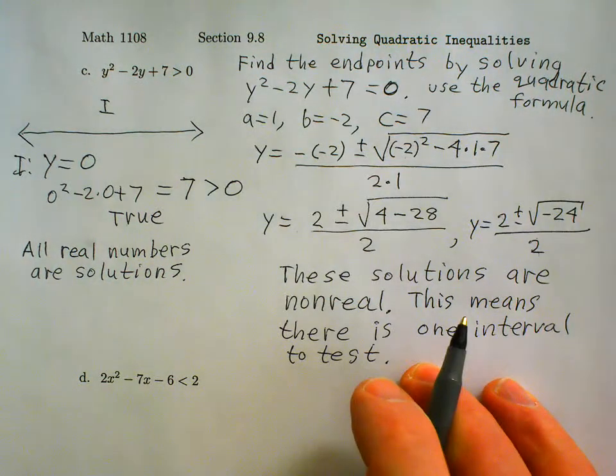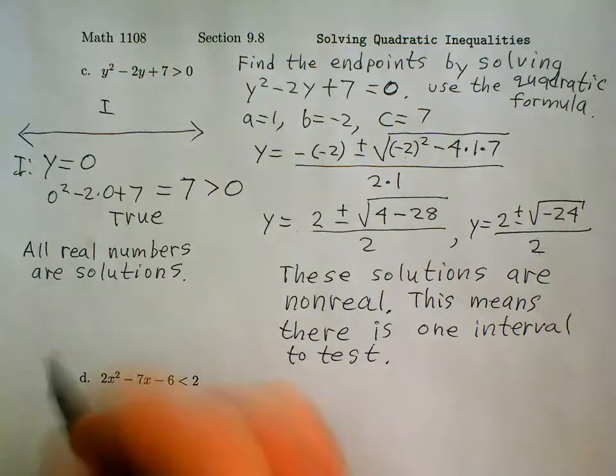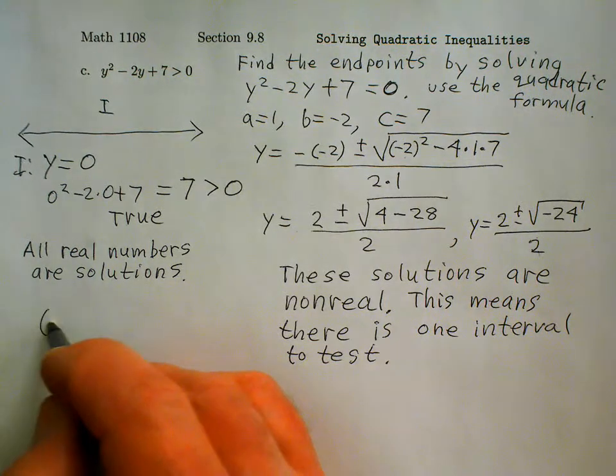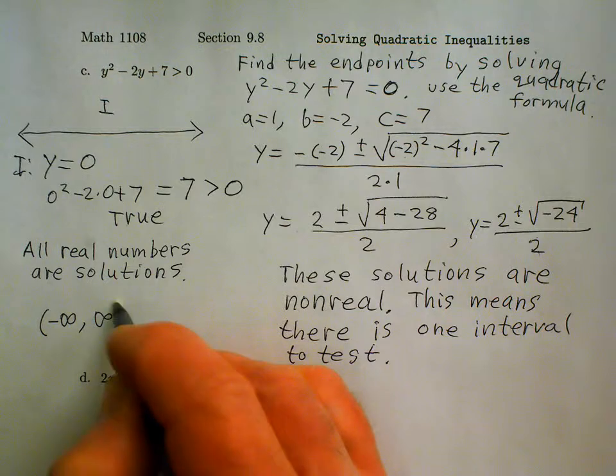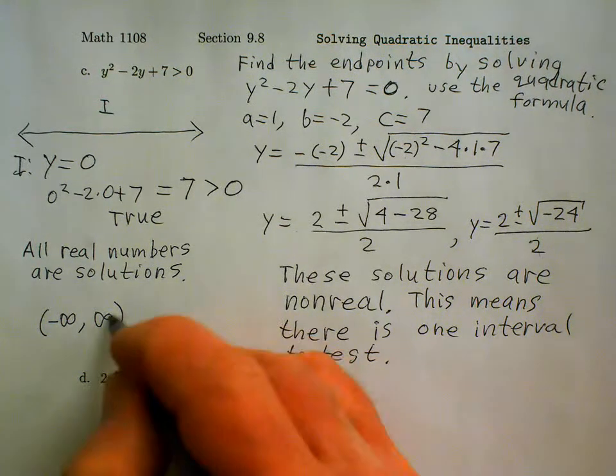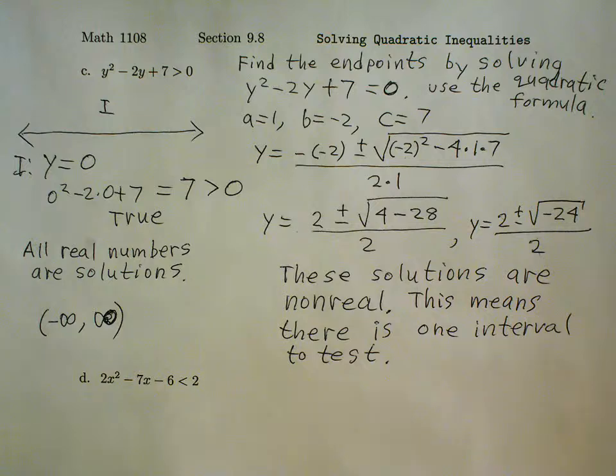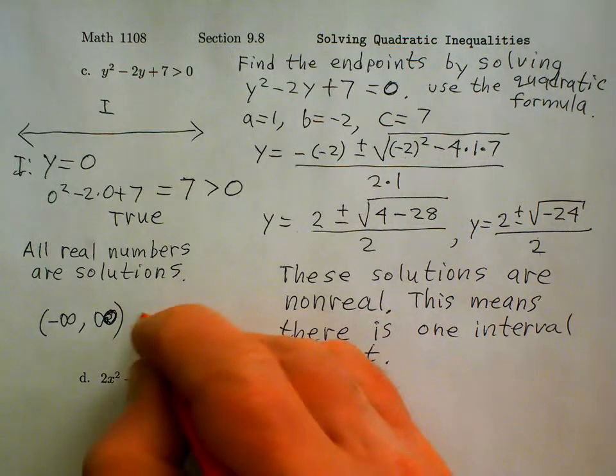The interval notation is parenthesis, negative infinity, comma, infinity, parenthesis. Okay, so that's the interval notation.